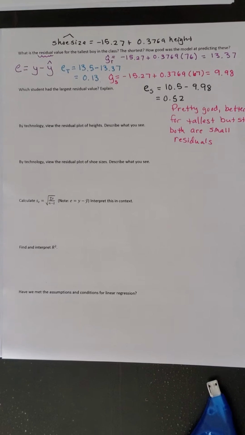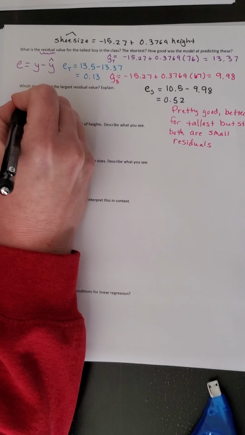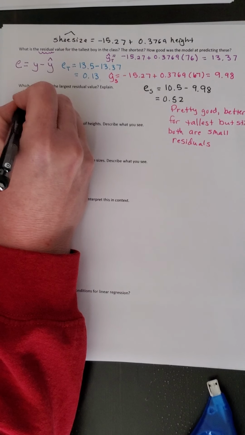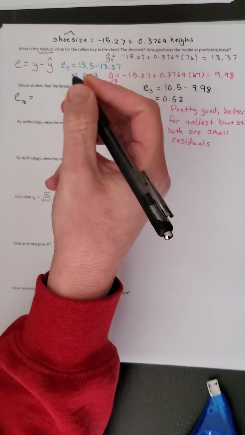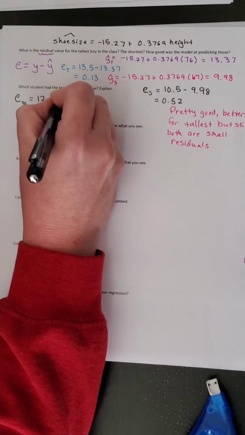All right, so let's do some calculation. The residual value, E, I'm going to say for the person who was 70 inches tall, is his actual, which was a 12.5, minus his predicted.